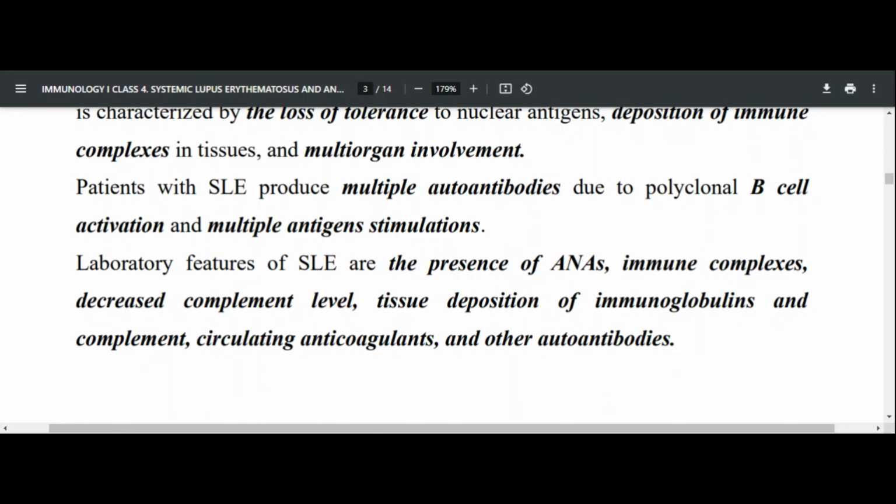Someone may have good levels of clotting factors, but because of lupus anticoagulants, especially those against some factors, for example anti-factor 8, anti-factor 7, anti-factor 9, those can also be there in systemic lupus erythematosus.